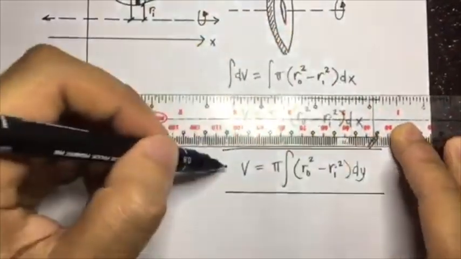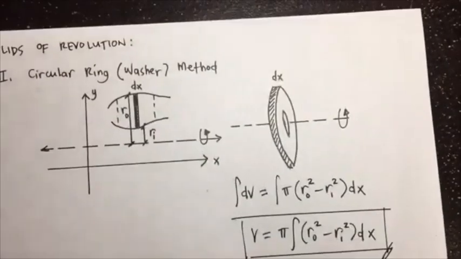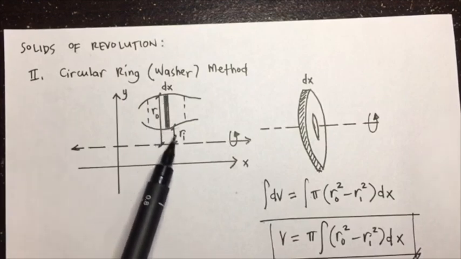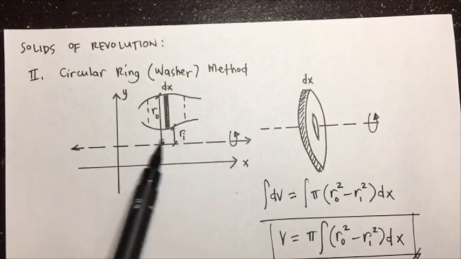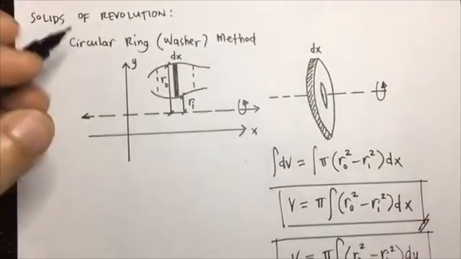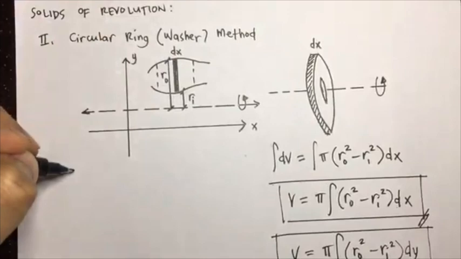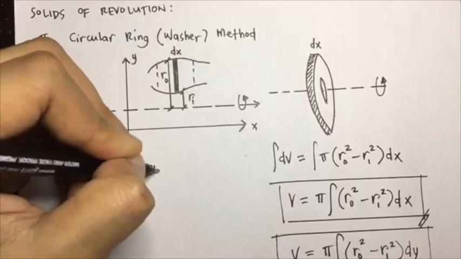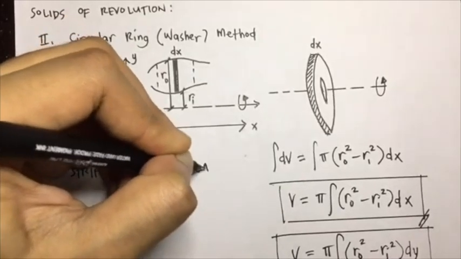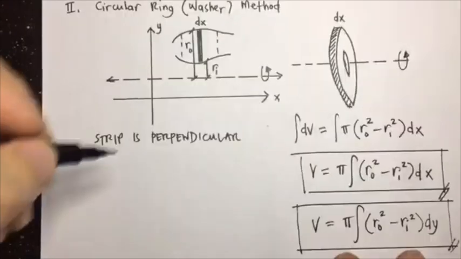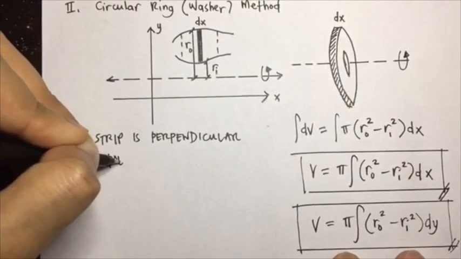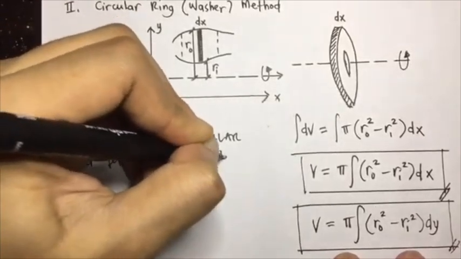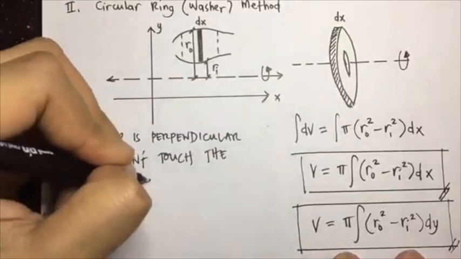As you can see from the graph, we use a circular ring, or the washer method, if the strip does not touch the axis of revolution. So the condition is the strip is perpendicular and doesn't touch the axis of revolution.